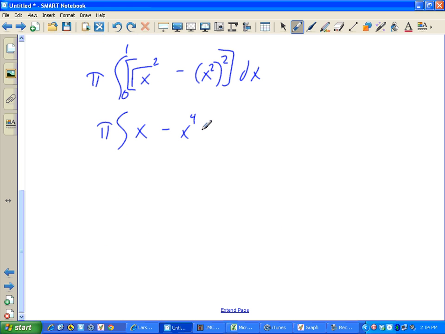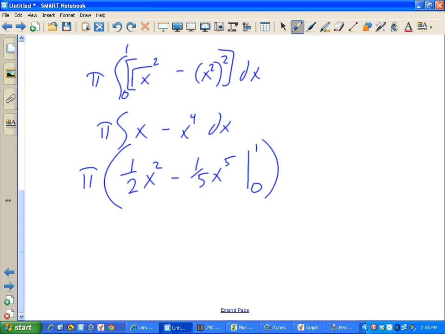So then I get this still as a pi. When I integrate, I get 1/2 x squared minus 1/5 x to the 5th, evaluated from 0 to 1. Then whatever this turns out to be, I'm going to multiply by that pi on the outside.